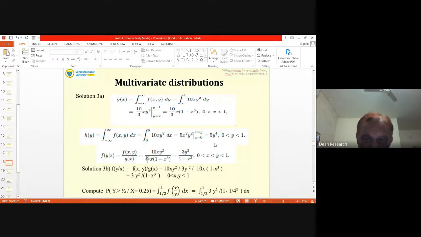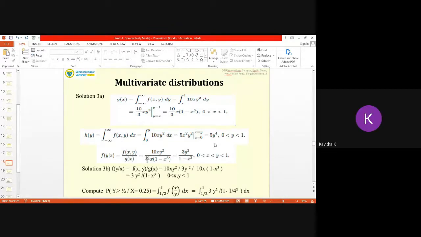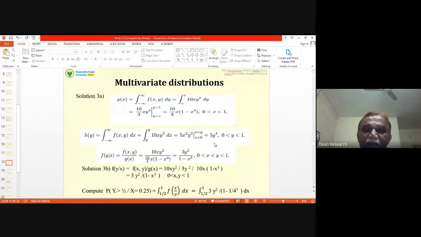So there is a small mistake. You make it zeros. Integral 0 to 1, 10xy square dy. Now we have to simply integrate 10xy square with respect to y. That is nothing but 10x by 3, yeah, correct. You are right: 10x times y cubed divided by 3, between the limits y equal to 1 and y equal to 0. Okay, that is not infinity, it's 0.